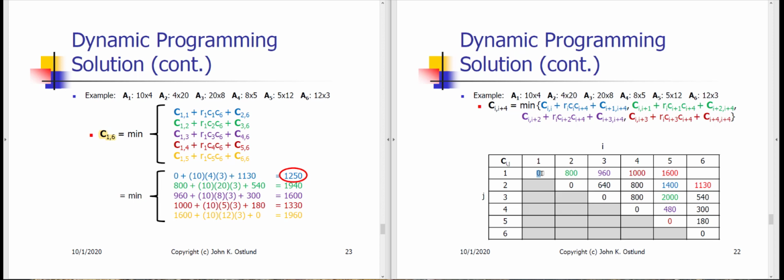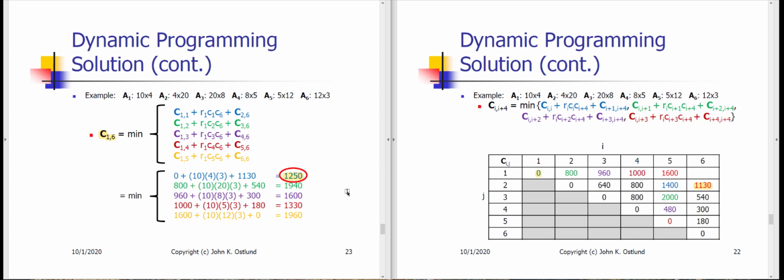So C11 is here, C26 is here. All right, so we've got the sum of that number plus this product, 10 times 4 times 3. So that's 120 plus C26. That's going to be 1250. As I wrote down.